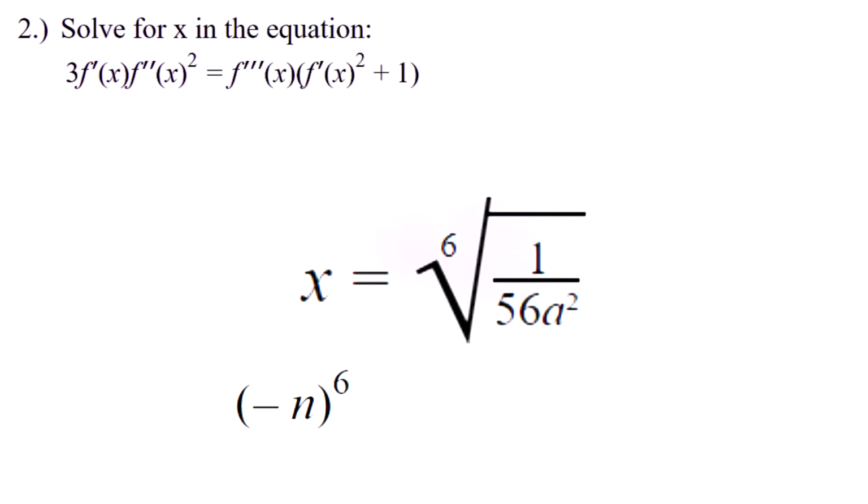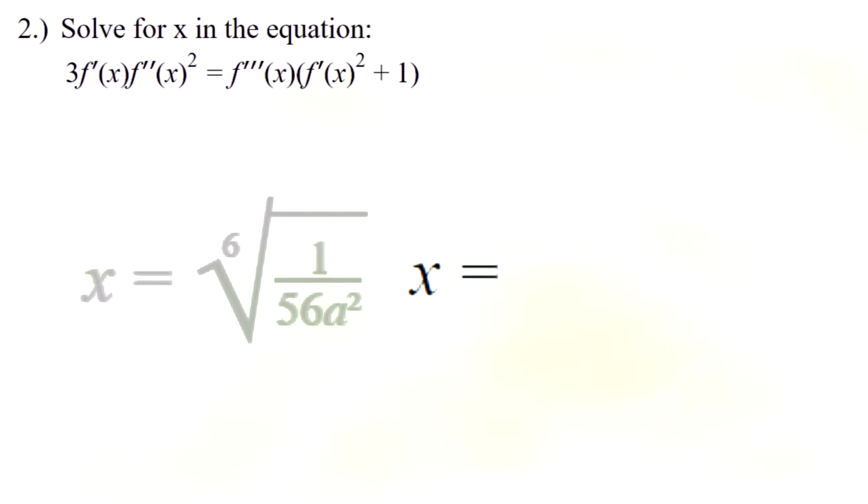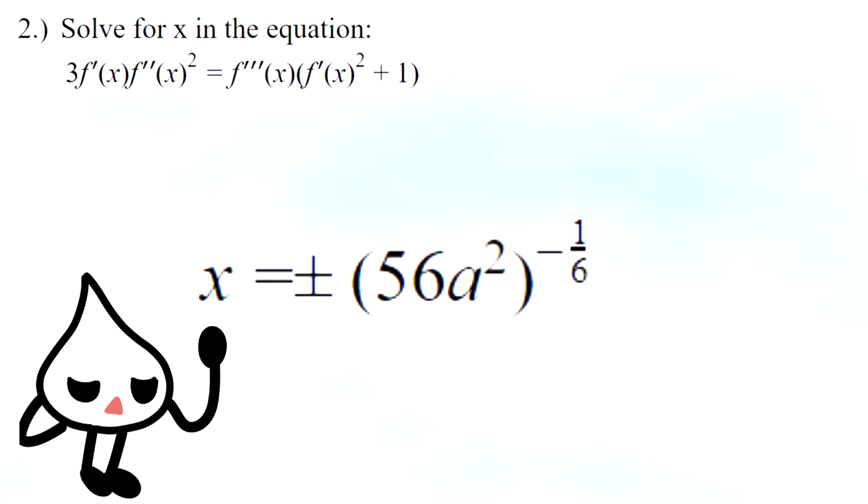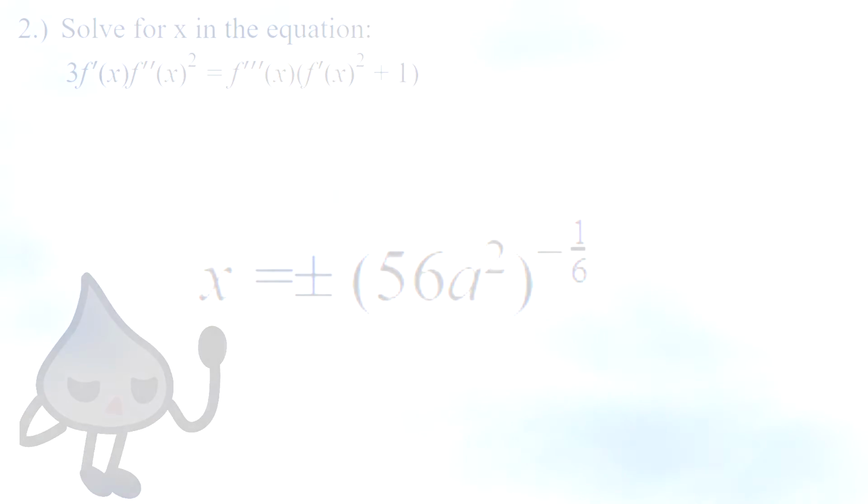Since a negative to the sixth power is positive, our answer has a plus minus. Lastly, if you remember how exponents work, this also evaluates to plus minus 56a squared to the power of negative 1/6. This is our x value that we will use in steps 3 and 4.